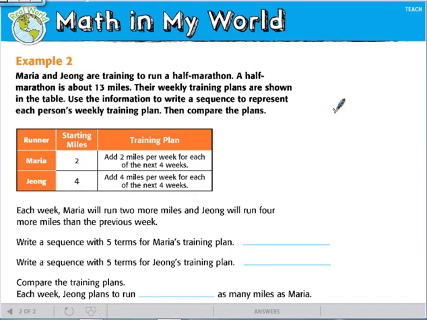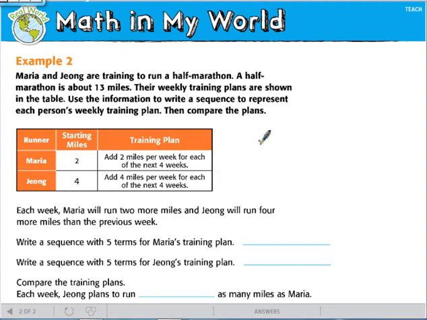division. All right. So, example number 2 says, Maria and Zhang are training to run a half marathon. A half marathon is about 13 miles. Their weekly training plans are shown in the table. Use the information to write a sequence to represent each person's weekly training plan.